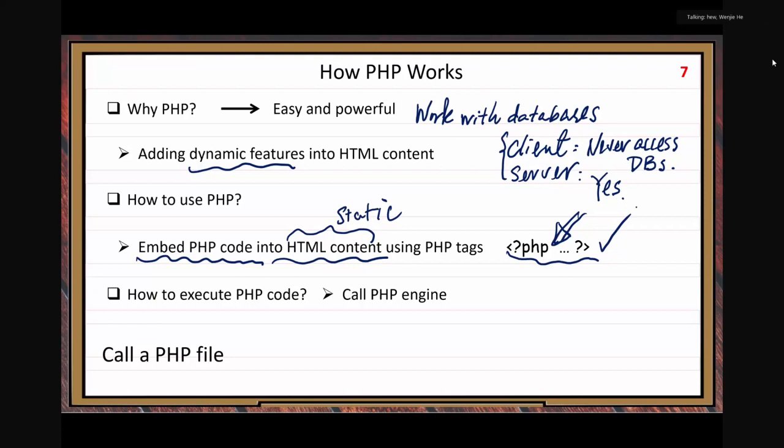In the URLs, the file names of the PHP programs are included. At the end of the URL, you add the PHP program file name. In that way, you call a PHP program at the server side.